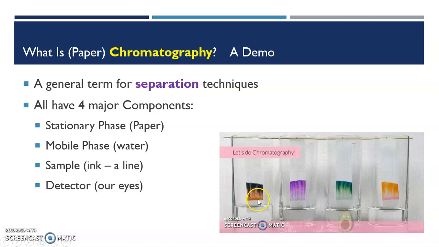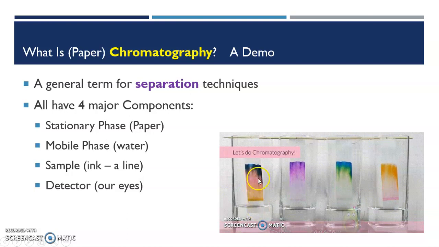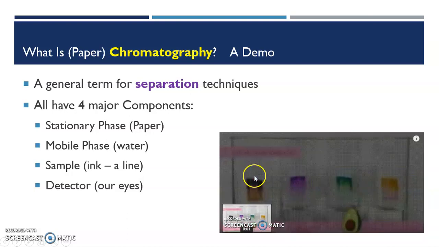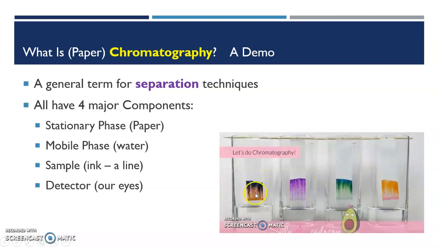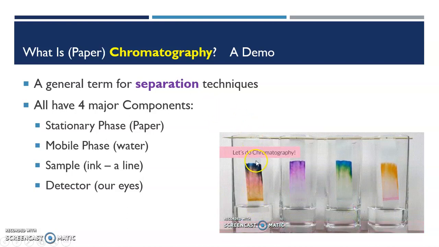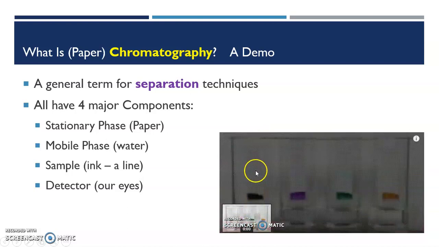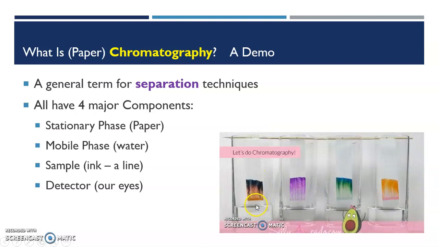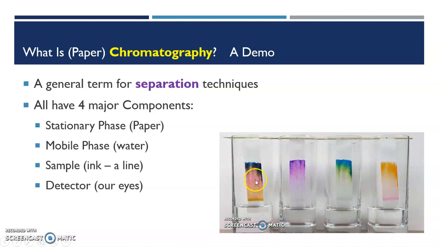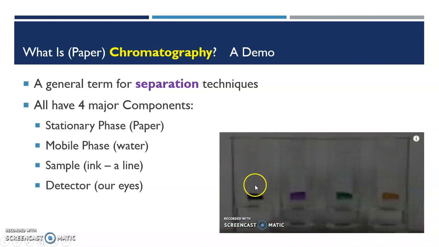It's not just black, it's different kinds of color combined to make that black. And water goes up and therefore separated all the colors here. So this is the basic idea of chromatography. Water goes up, separating different components of the ink, and then we are able to identify what are those different components of color in that particular ink.